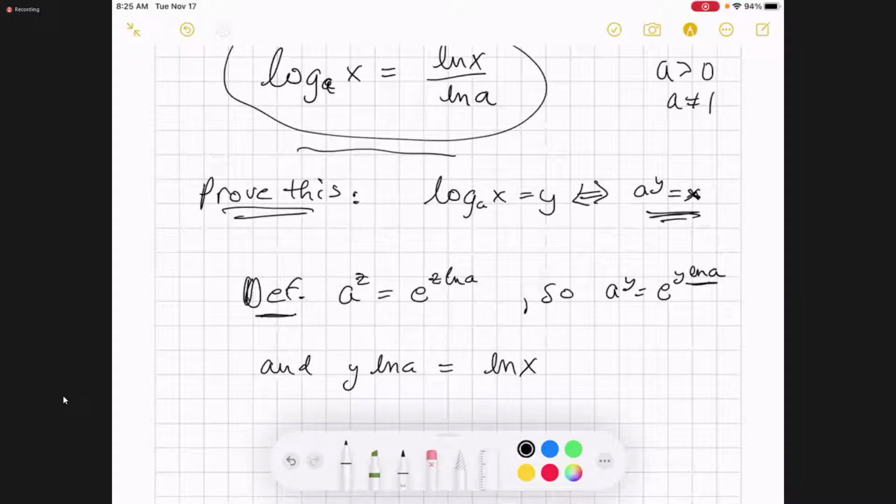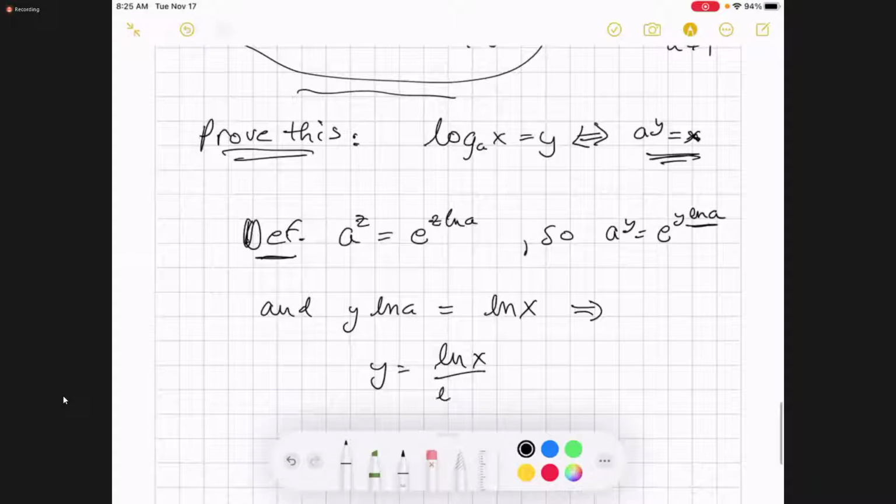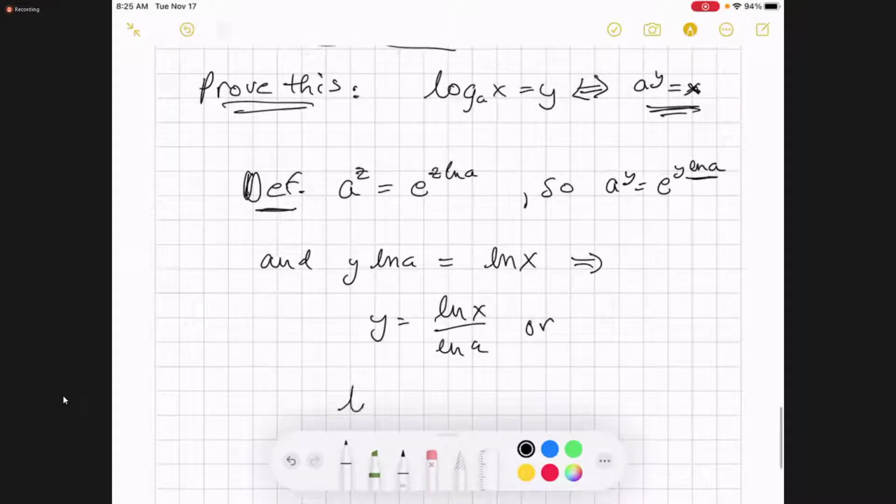And from that, it follows that y is equal to ln of x over ln of a, or that you can write log base a of x as ln of x over ln of a.